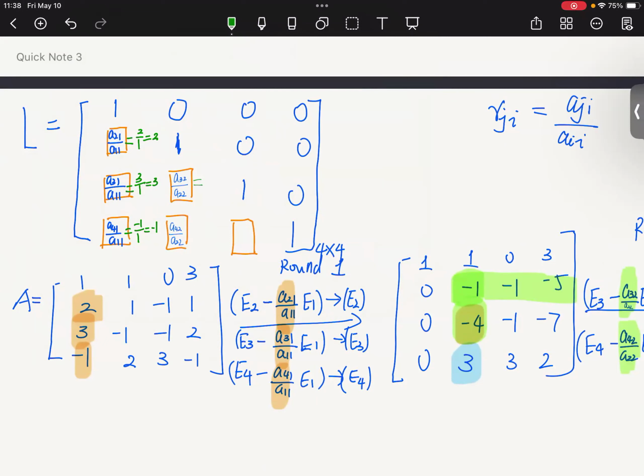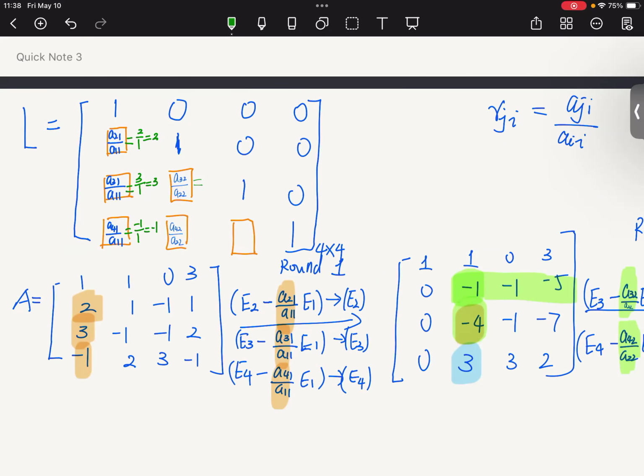But the A32 here is not the A32 in the original matrix. It's the newly updated element here, A32, divided by A22, and then A42 divided by A22 here.